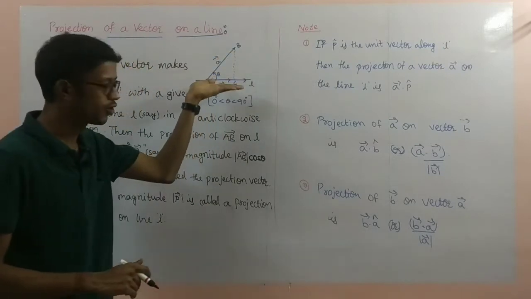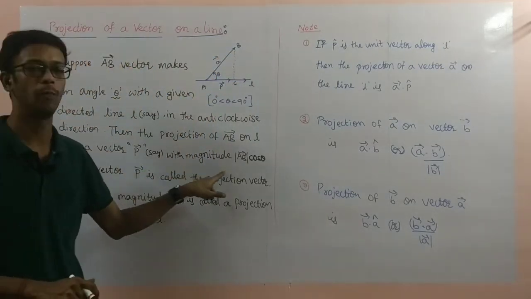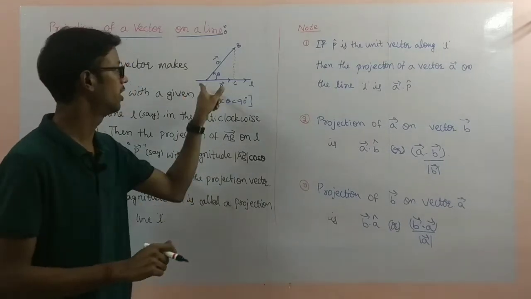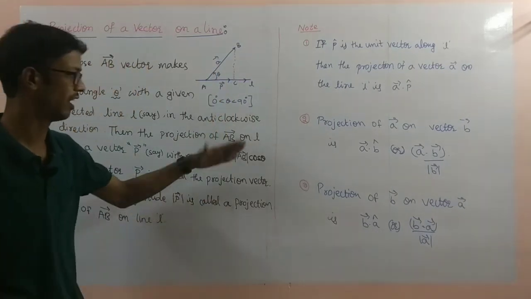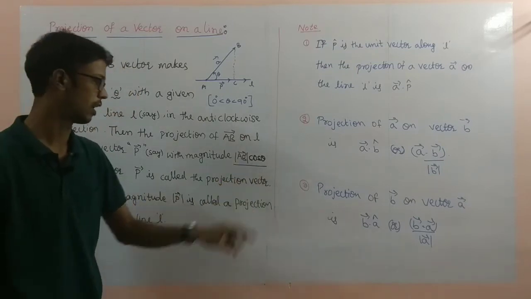So this projection I am taking as P bar. The magnitude of the resultant projection vector is magnitude of AB bar into cos theta. So magnitude of AB bar cos theta.